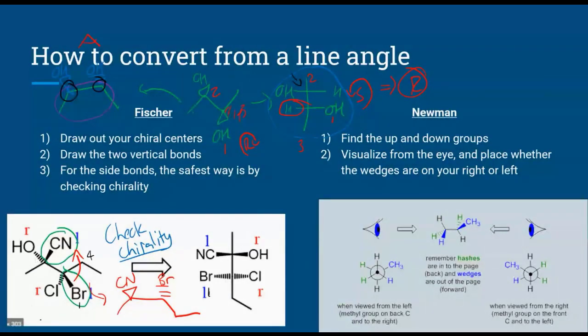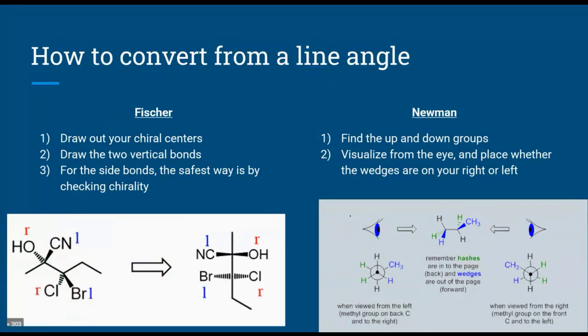Okay, so now I'm going to clear the board a little bit to make some room. So now we're going to talk about Newman projections. For these ones, it's a little easier to match the wedges and dashes, where first you're going to find the up and down groups, which are going to be this group right here.